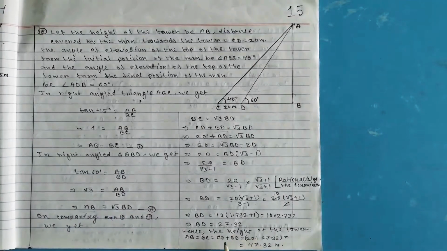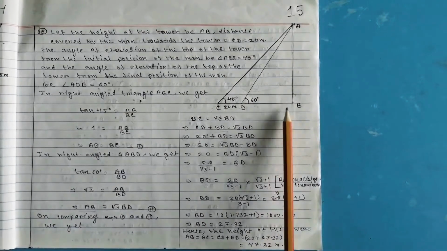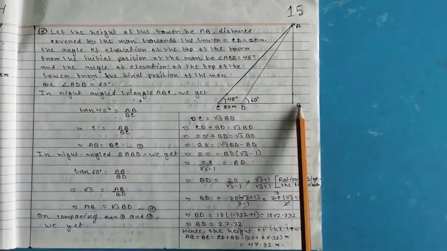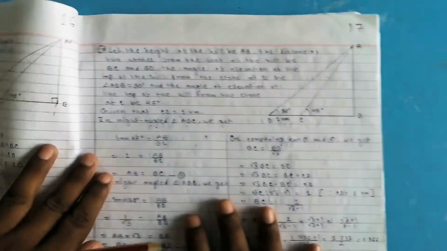Height of the tower equals AB equals BC, and BC equals CD plus BD. CD is given 20 meter, and BD we have calculated, that is 27.32. So total height is 47.32. Clear?